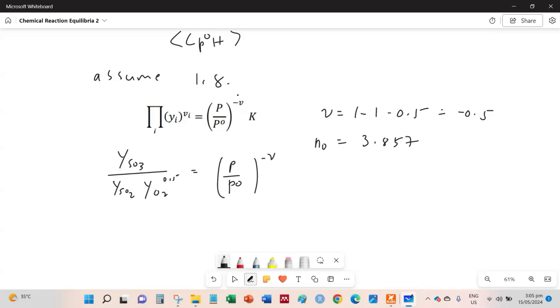I did not substitute K first, but nu is negative 0.5, so it will be raised to 0.5 later on.